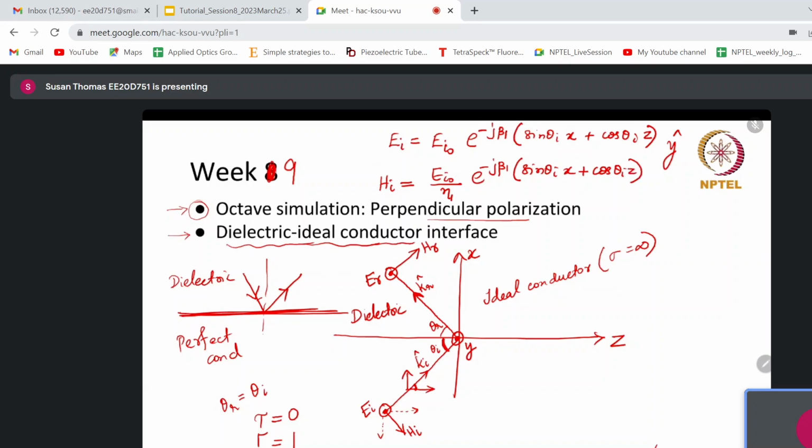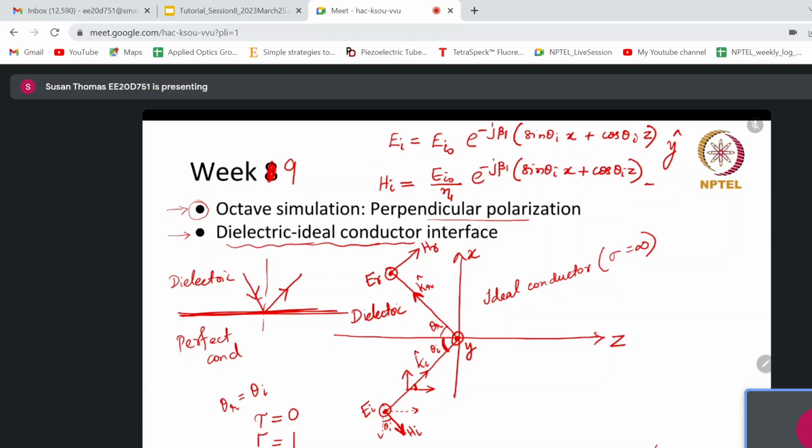Now how about the direction of HI? HI has z and x components. If this is theta I, we can say again this is theta I and this is also theta I. So the x component will have a cos theta I component, and that is in the negative direction.